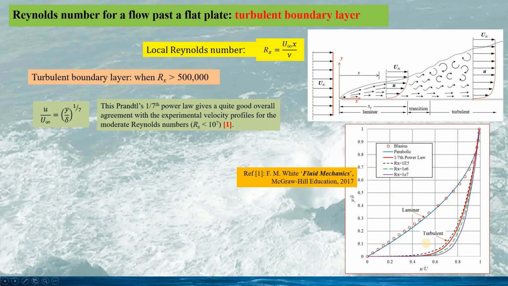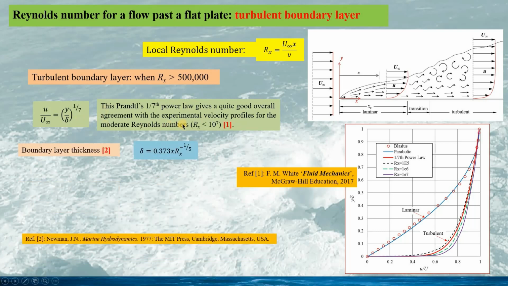If we look at the comparison of Prandtl's 1/7 power law against the experiment data, we can see this expression would give a very good overall agreement with the experimental velocity profiles if the Reynolds number is not very large. Here, when the local Reynolds number Rx is less than 10 million.